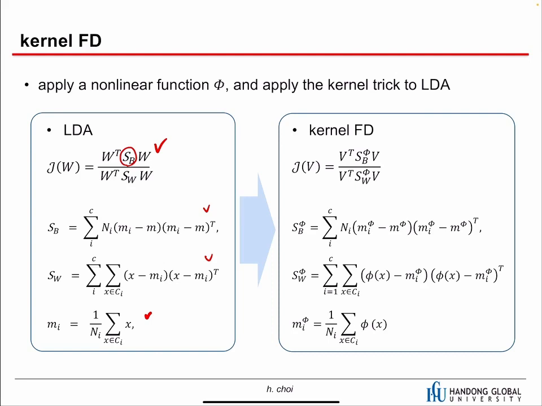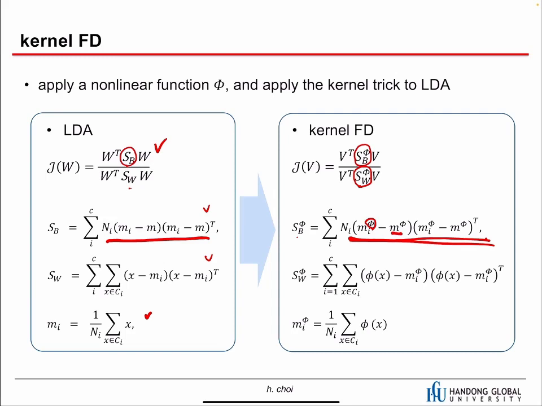Okay, so instead of just SB, we use SB phi, and instead of SW, we use SW phi, and SB phi is defined by this. So let's just compare this one and this one. It's exactly the same except this phi, which means the class mean in the feature space and the global mean in the feature space.